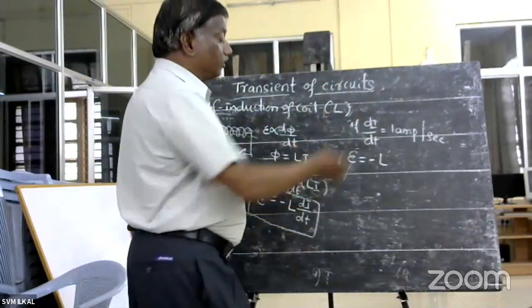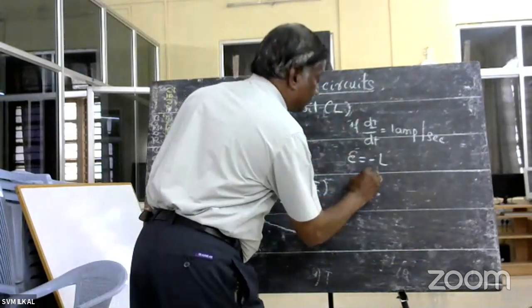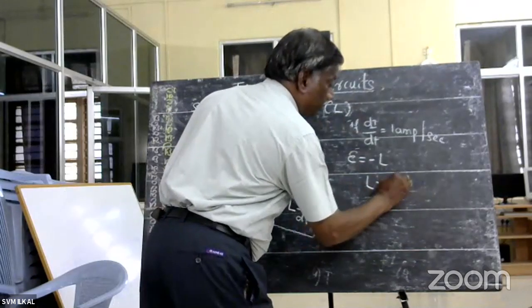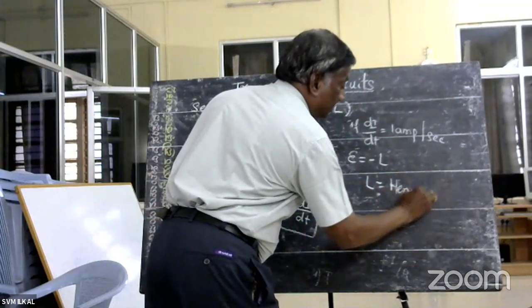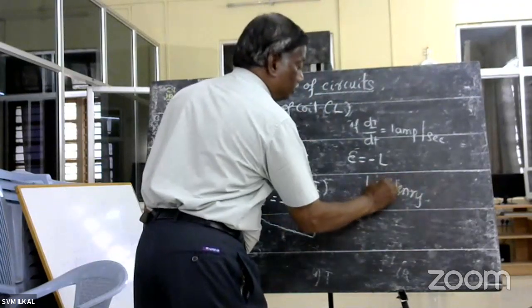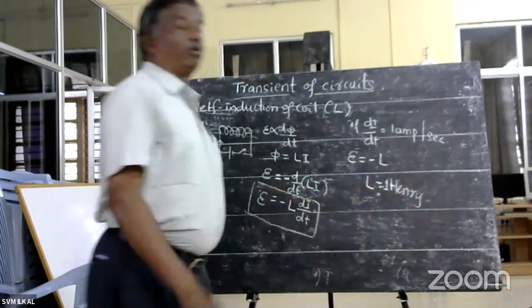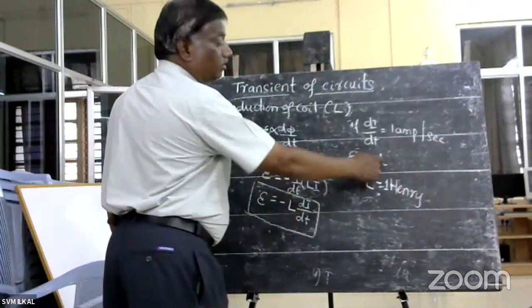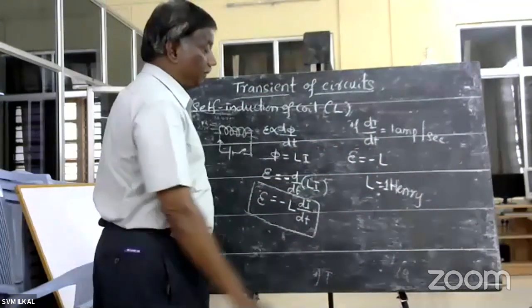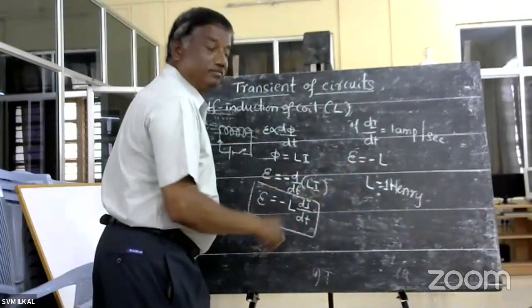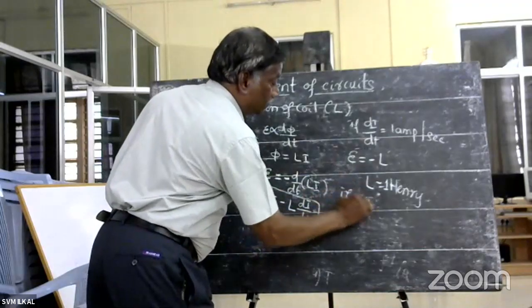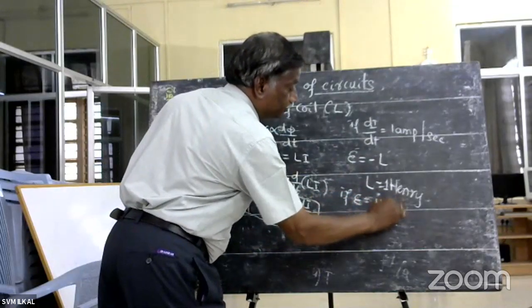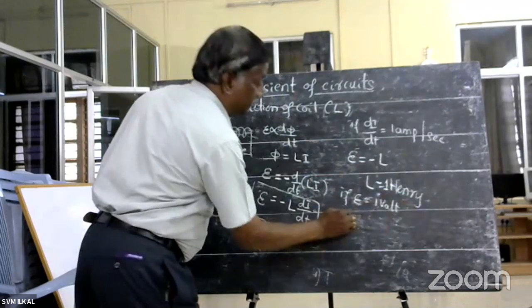Now, the practical unit of L is Henry. L is measured in Henry. How do you define 1 Henry of self-induction? Say epsilon equal to minus L di by dt.